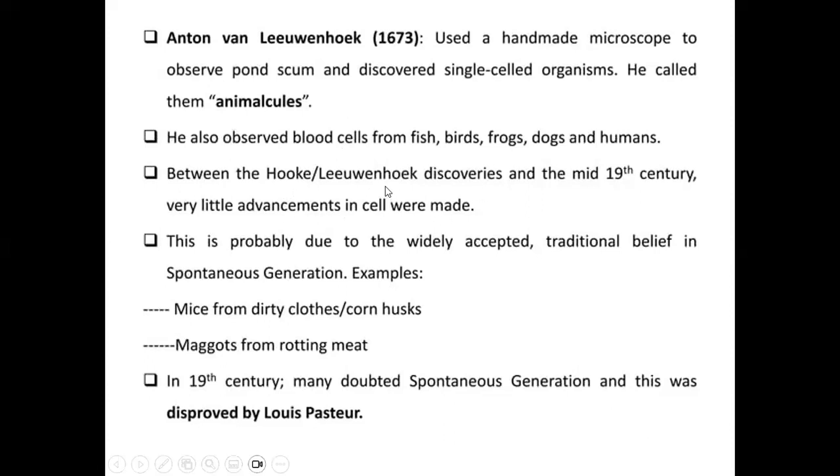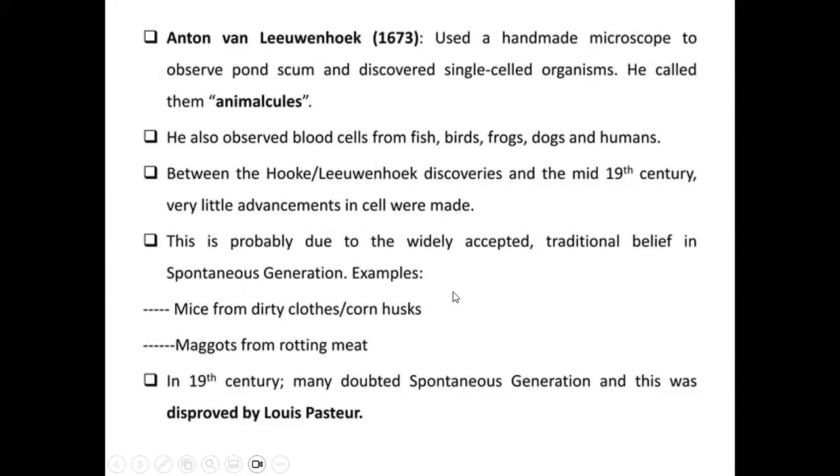Now, between Hooke and Leeuwenhoek discoveries and the mid 19th century, very little advancements were made in the structure of the cells, and this was probably because of the widely accepted belief that the cells have generated by the spontaneous method.